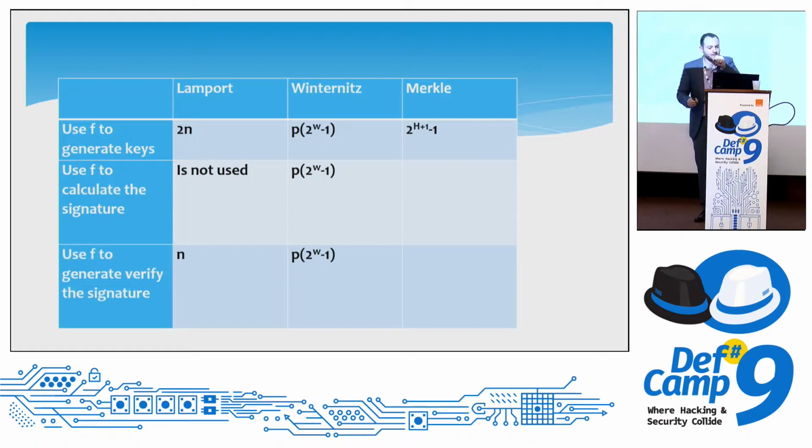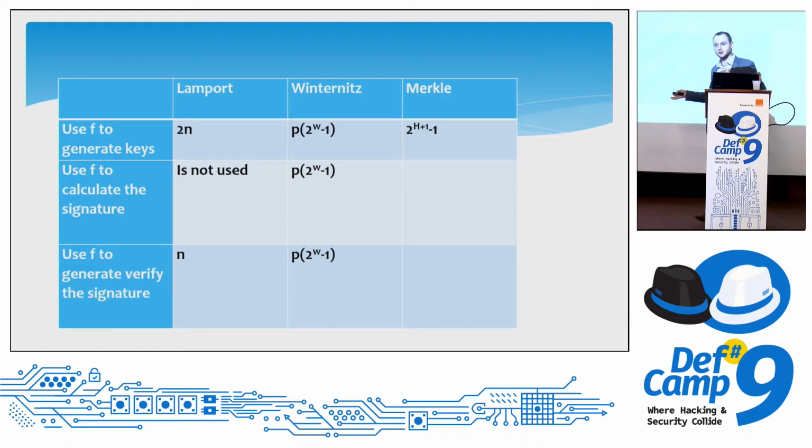Okay, so here we see that in the Lamport one-time signature, we use the random number generator 2n times. In the signature stage it is not used at all, and to generate and verify the signature, we use it n times, yes? And here are the results for Winternitz.